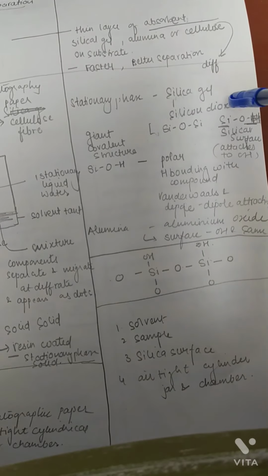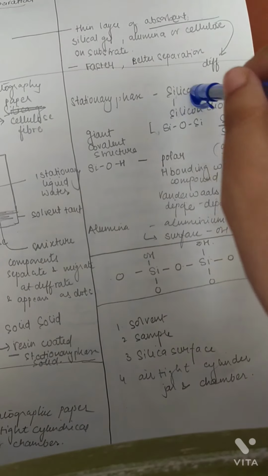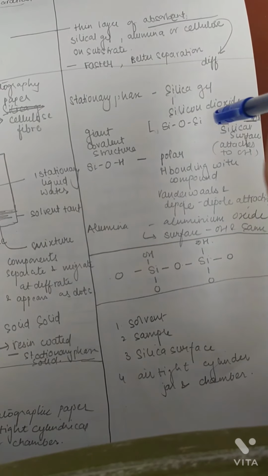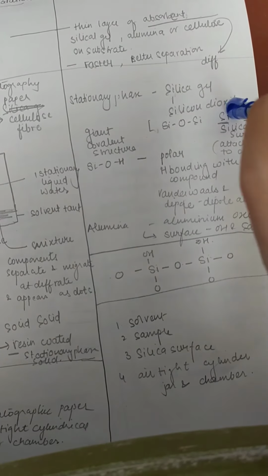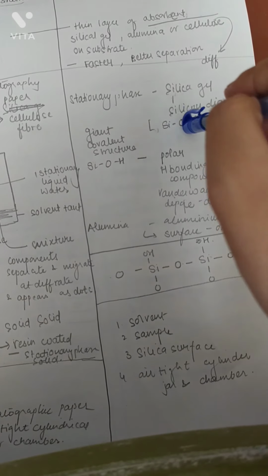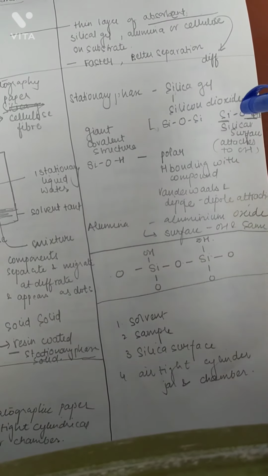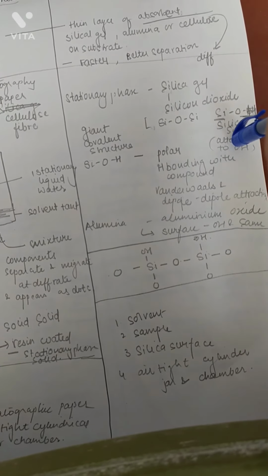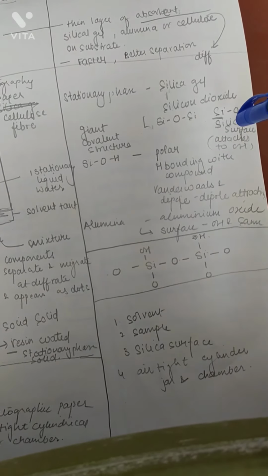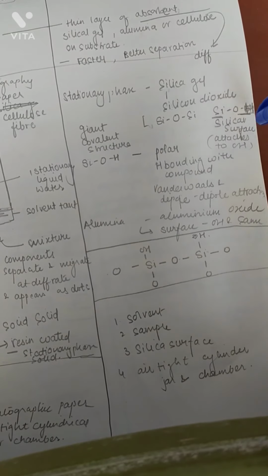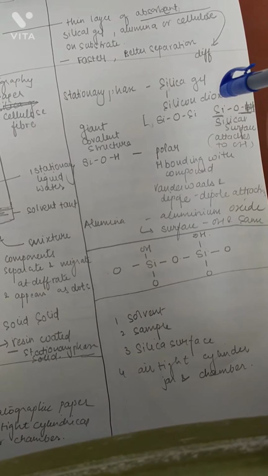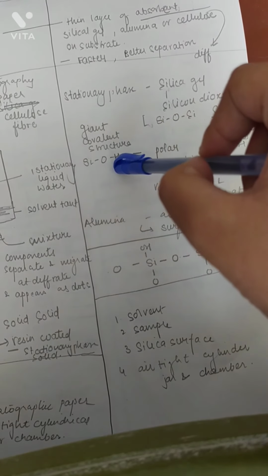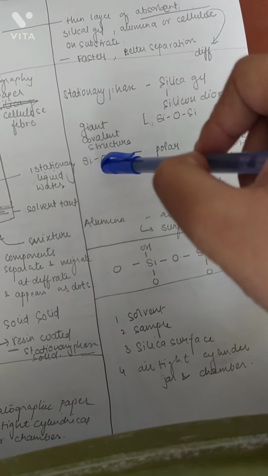So here the silica gel is used as the stationary phase. First of all, you have to remember that in silicon dioxide, the oxygen is connected to two atoms of silicon. For the silica surface, the OH attaches to the silicon and it will make a giant structure, that is SiOH.